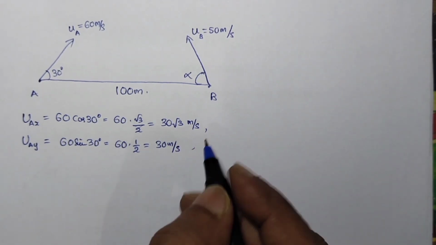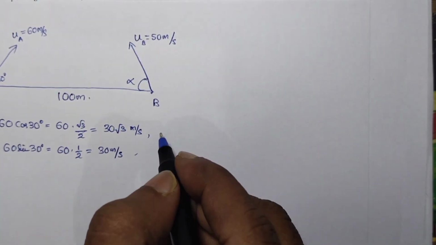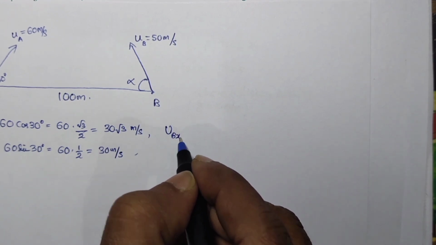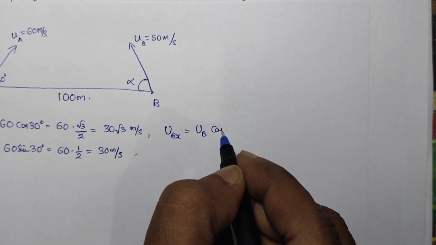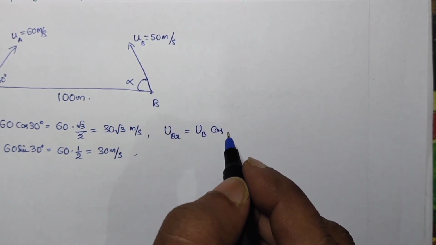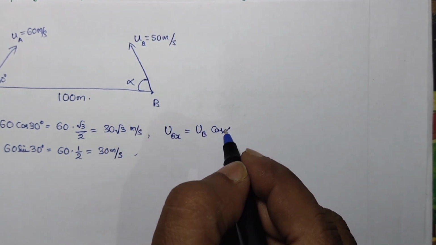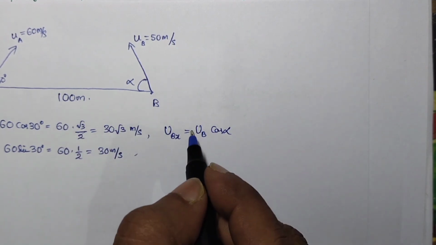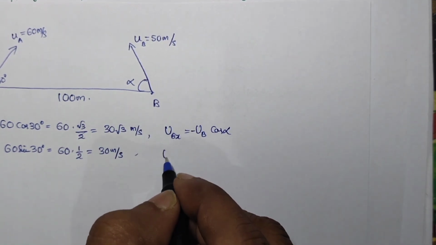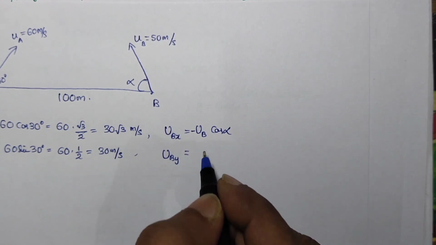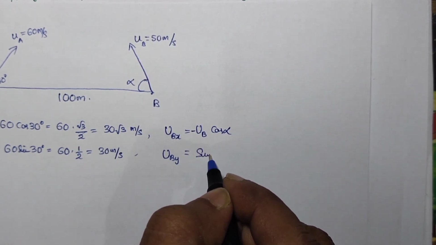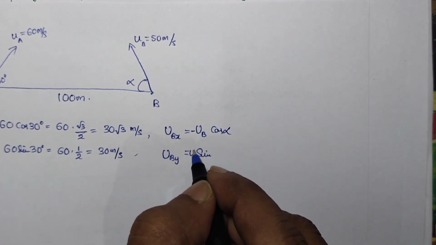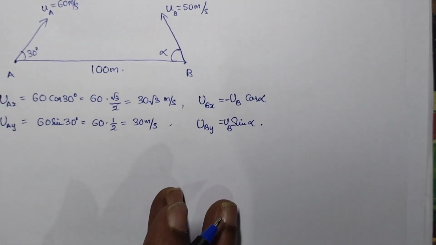In the same way, write for B: u_Bx is equal to u_B cos alpha, but it is in the opposite direction, so it is minus. u_By is equal to u_B sin alpha.